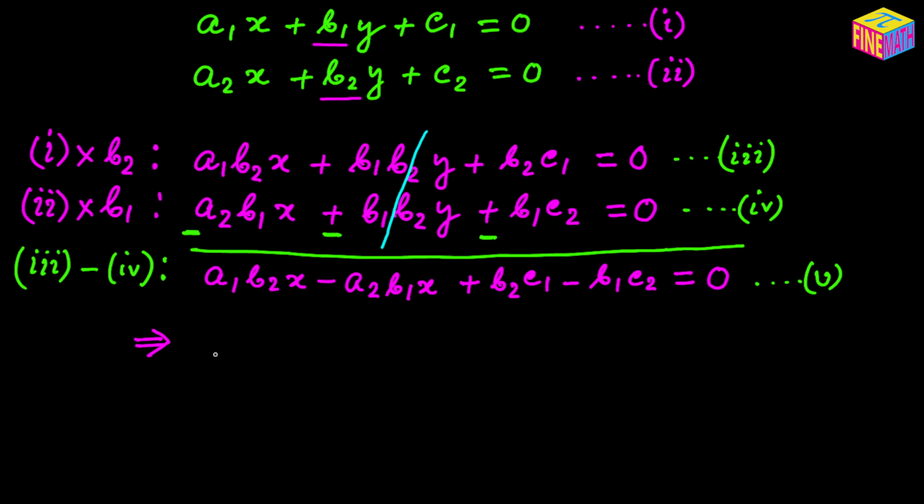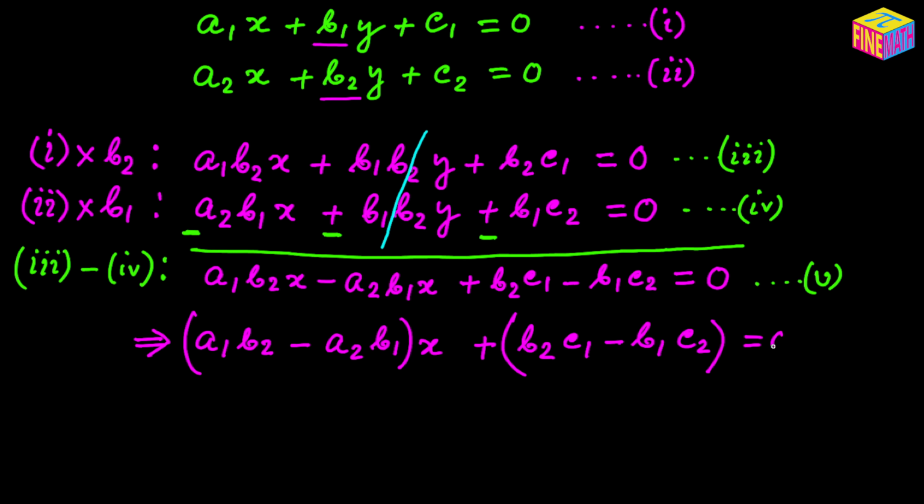So the first term is a sub 1 and b sub 2, and then minus a sub 2 and b sub 1, times x, because x is a common factor between the first two terms, and then we have plus b sub 2 c sub 1 minus b sub 1 c sub 2 is equal to 0.